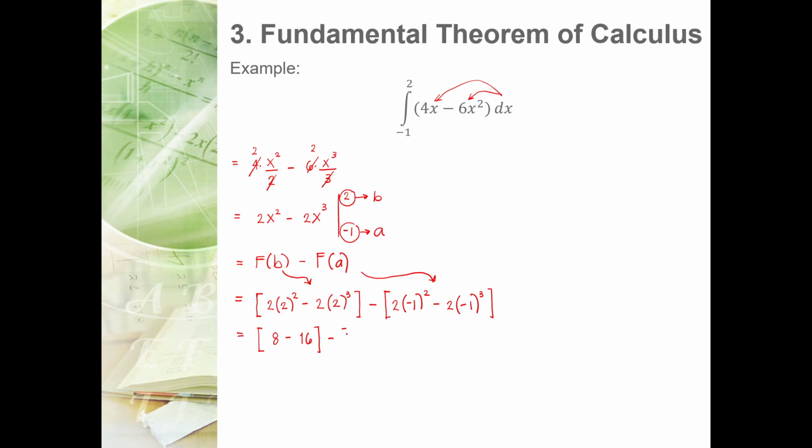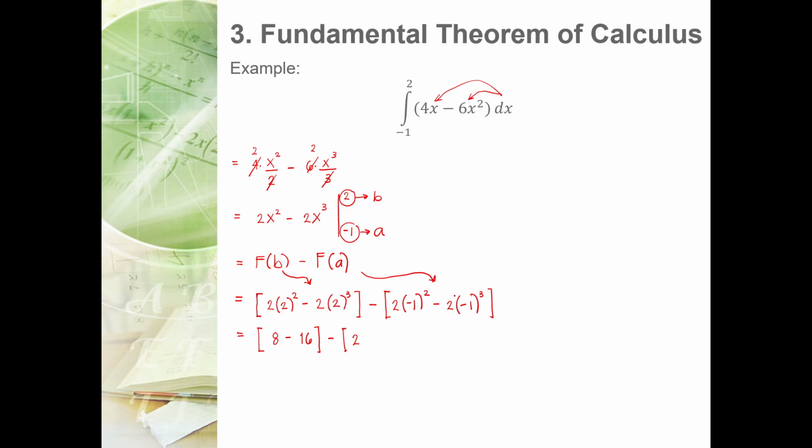Okay, the next bracket group will be 2 times -1 squared, so this will be 2.